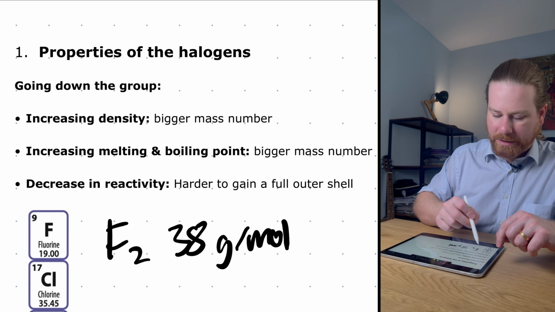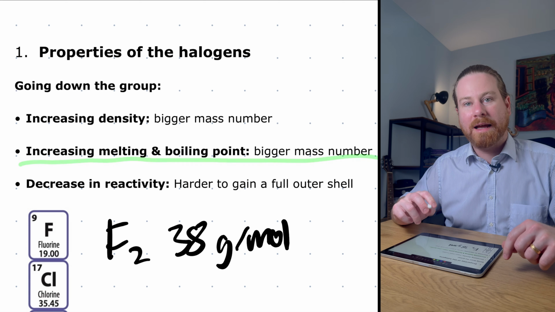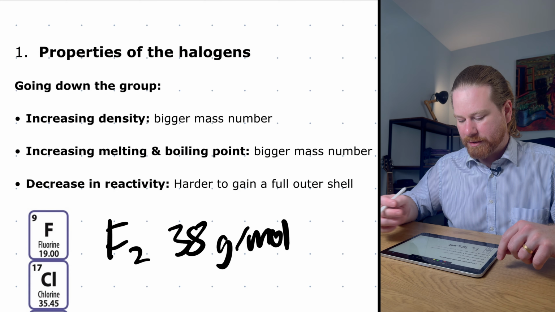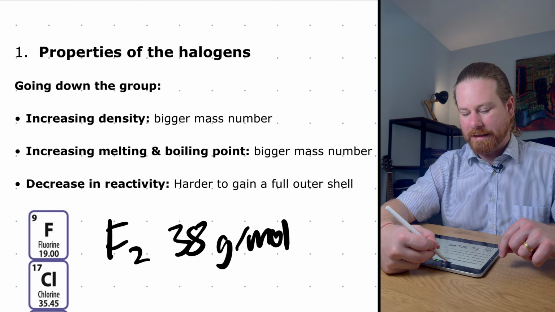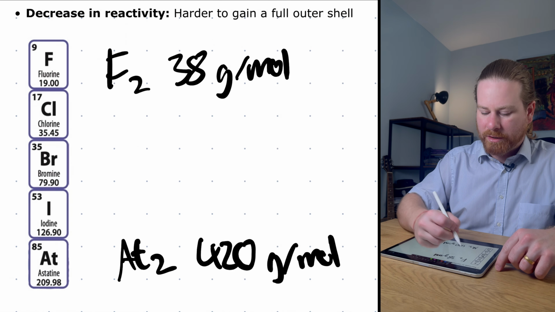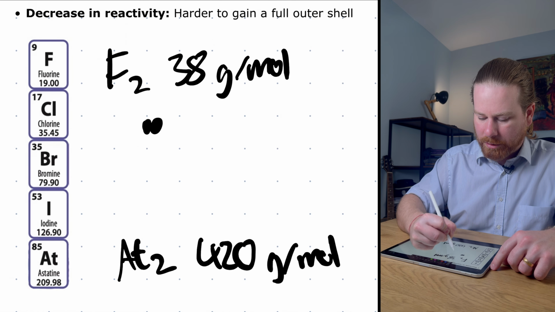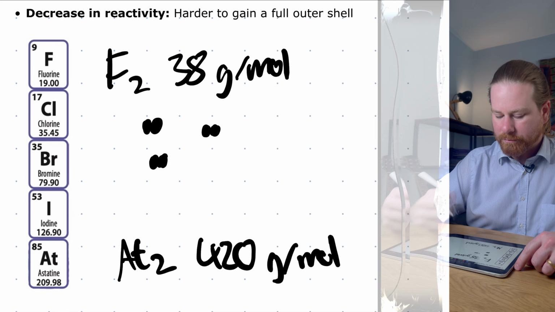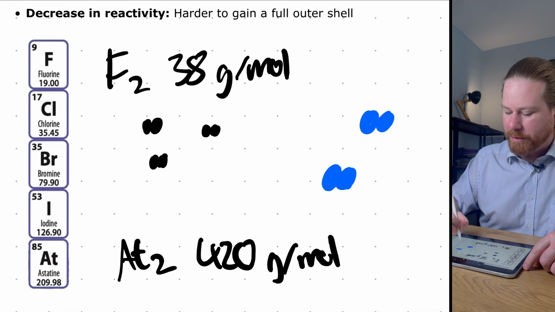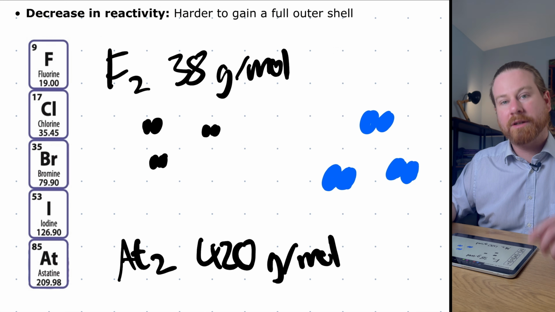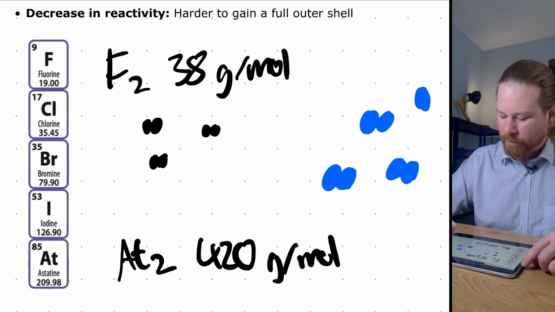Our second point is looking at an increase in melting and boiling point. And this is because, again, they have a bigger mass number. And this is to do with the intermolecular forces. So if we draw a few fluorine molecules, and a few astatine molecules, in very simple diagram form, if you've got circles attached, that means they are bonded together.